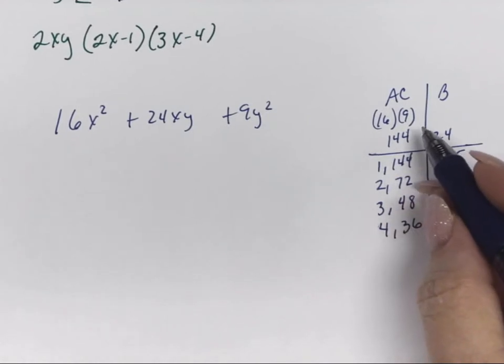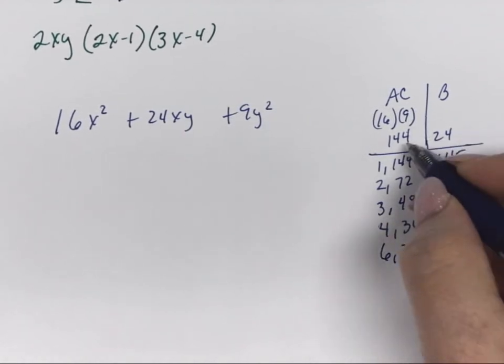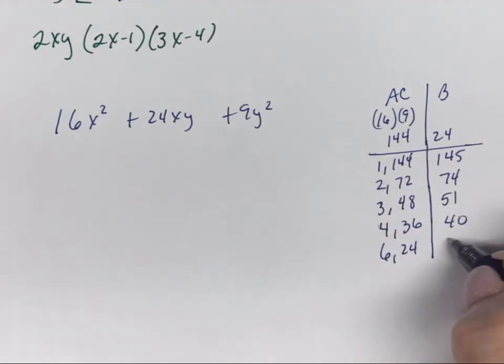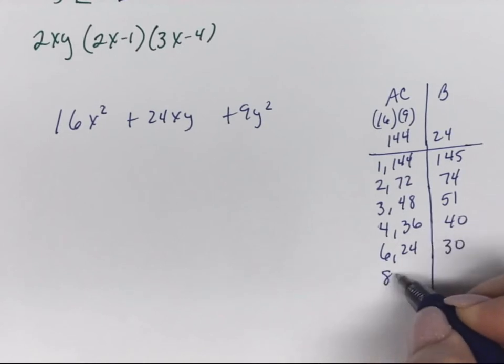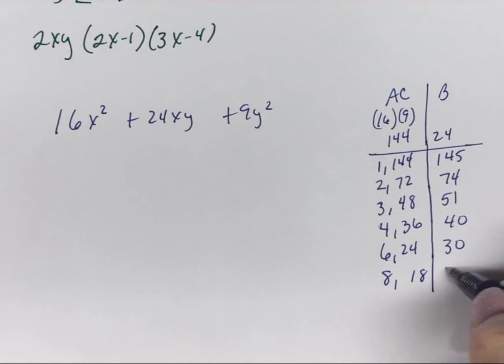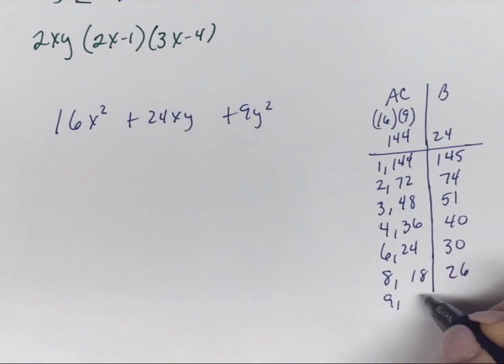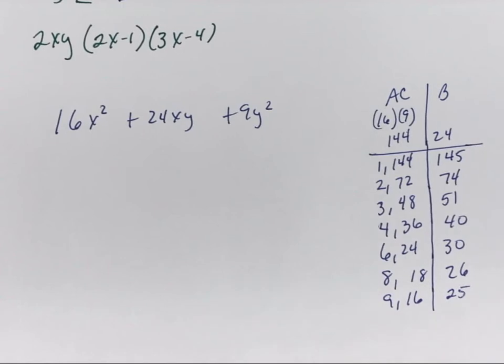It won't divide by 5, but it divides by 6. 6 times 24 is 144. When I add that, I get 30. It won't divide by 7, but 8 times 18 is 144. When I add it, I get to 26. Oh, I'm getting closer. 9 goes into it. 9 times 16 gets you 144. When you add it, you get 25.